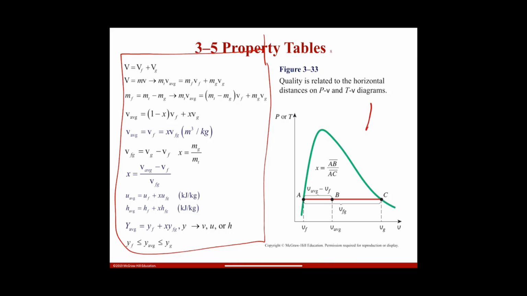Take a look at this drawing right here. I have Vf and Vg, and I'm looking for my V average. My V average will always depend on the amount of gas and vapor that I have related to the total mass of the substance. And then with that equation, I can easily calculate it.